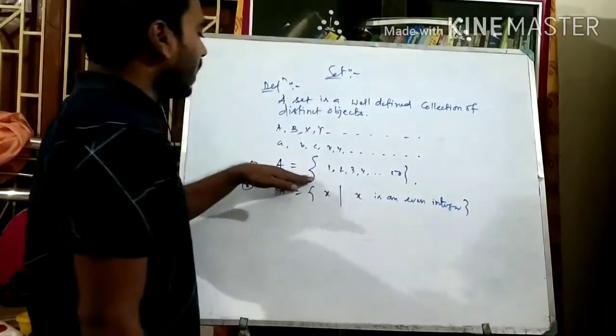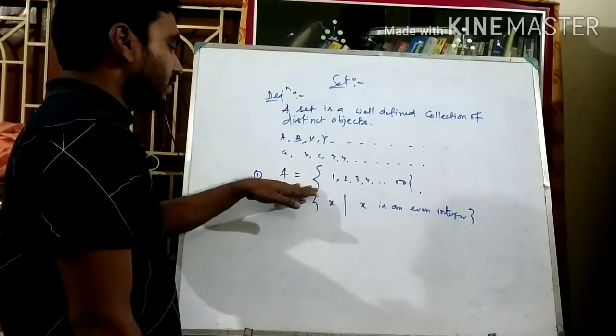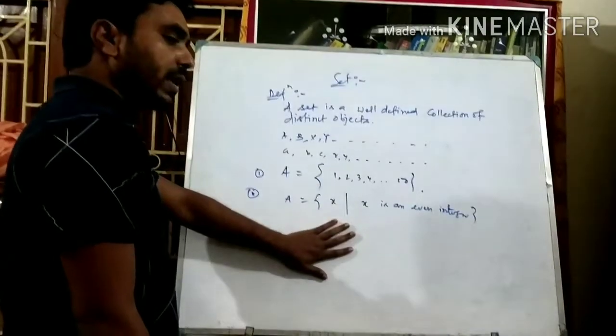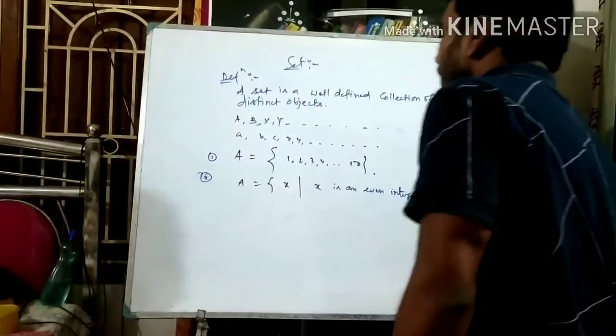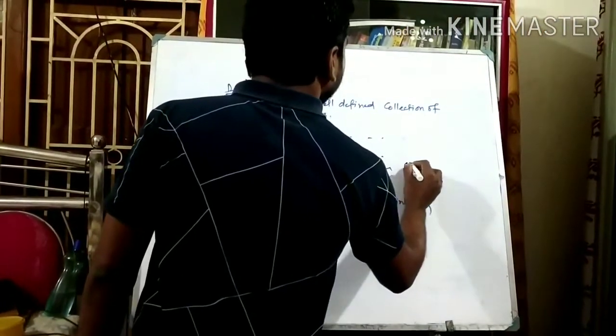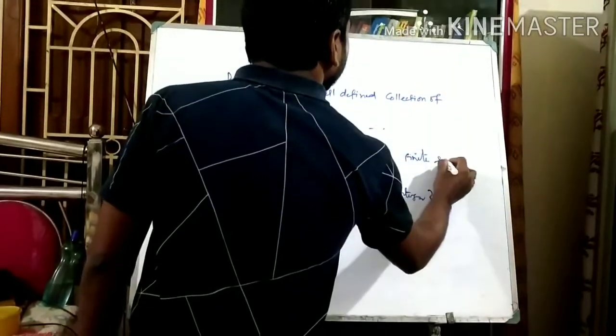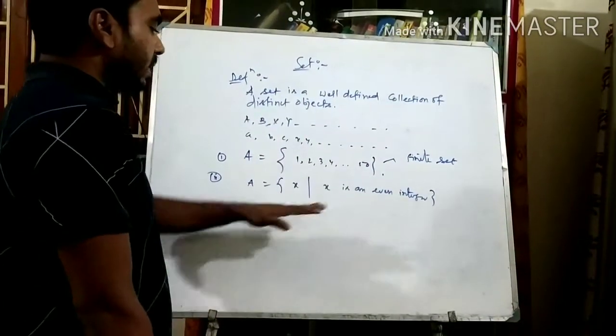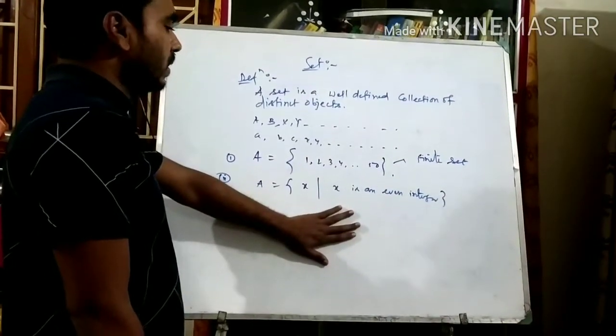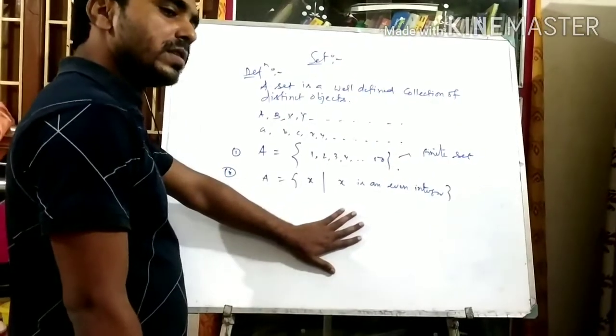So this is another way of describing a set. The first is a finite set because its elements are finite, and this is an infinite set because the number of even integers is infinite.